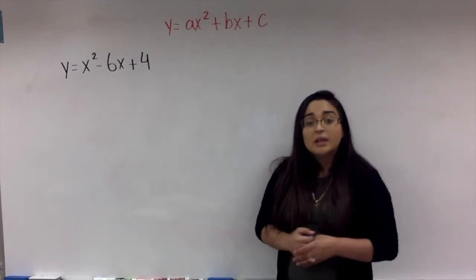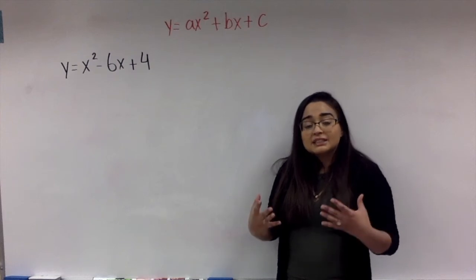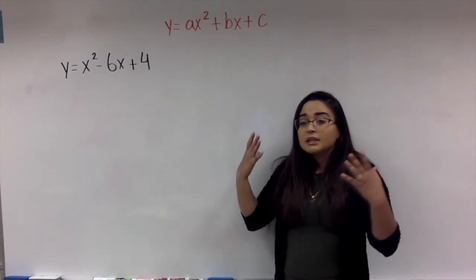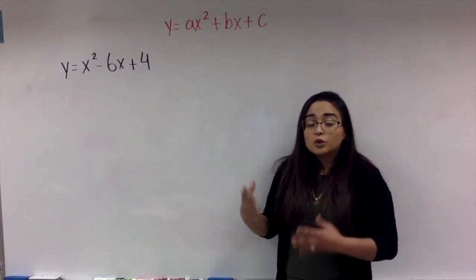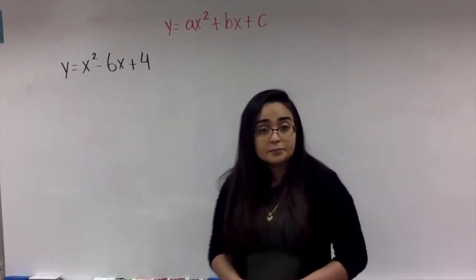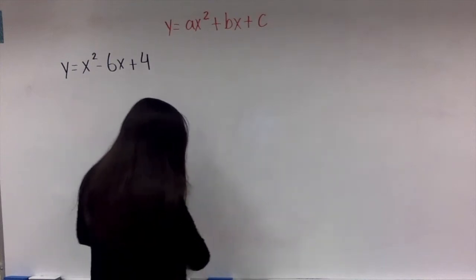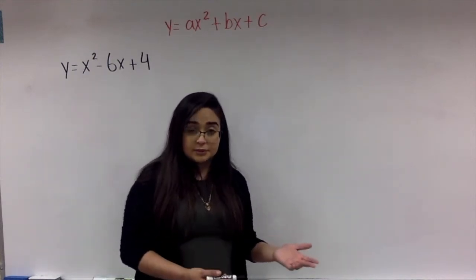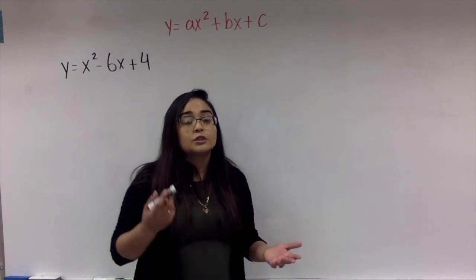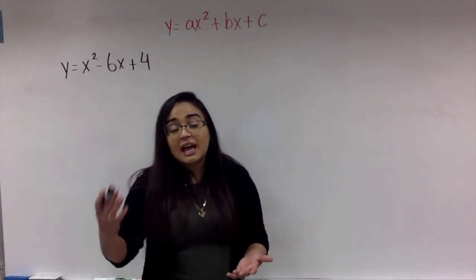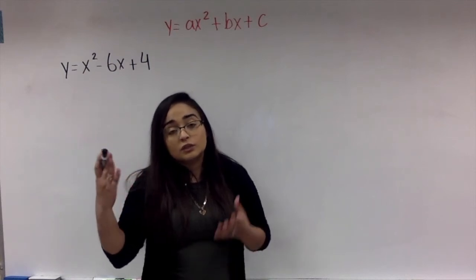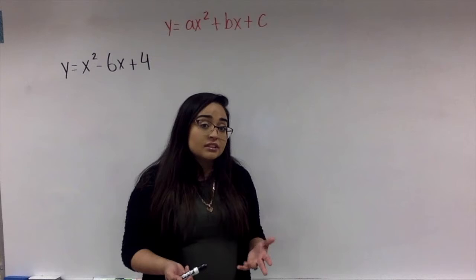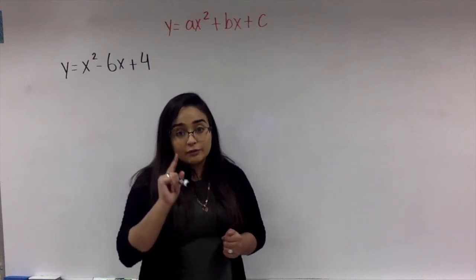To find the axis of symmetry, it is required to know a certain formula. First we're going to find the axis of symmetry in order to get a value for x, and then use that to get our value for y and therefore give us the coordinates for our vertex.